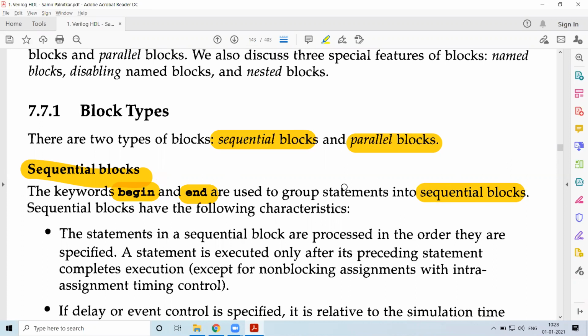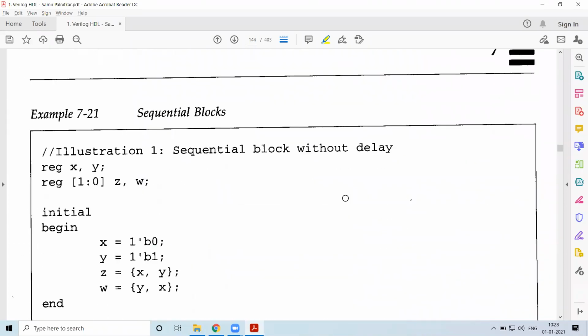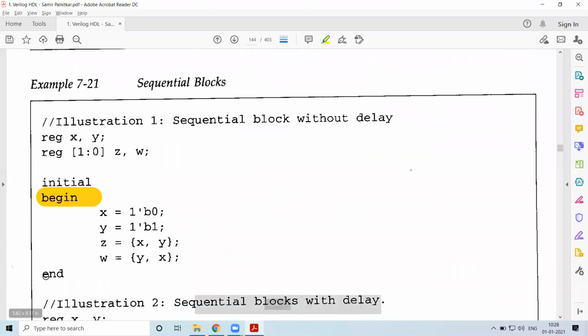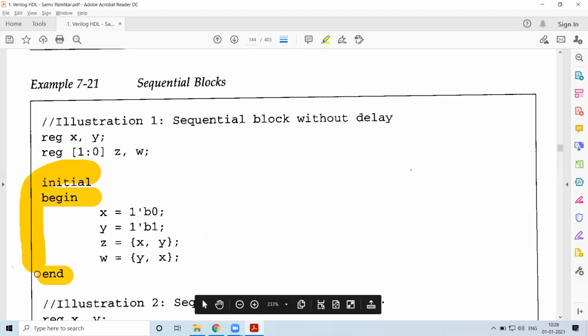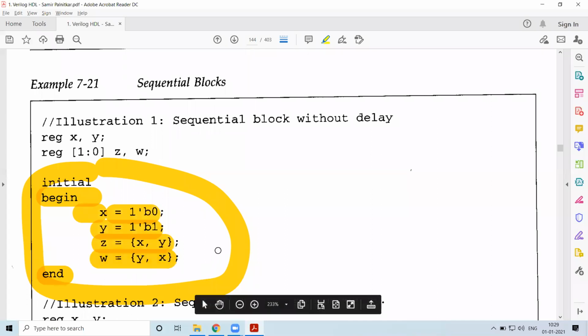Now, what happens in sequential blocks? If I take the example, I have an initial block, and in that I have begin and end. So this block is sequential in nature. What does sequential imply? Once the statement x is equal to 0 is executed, after that only y is equal to 1 is executed, after that z is executed, and after that w is executed.